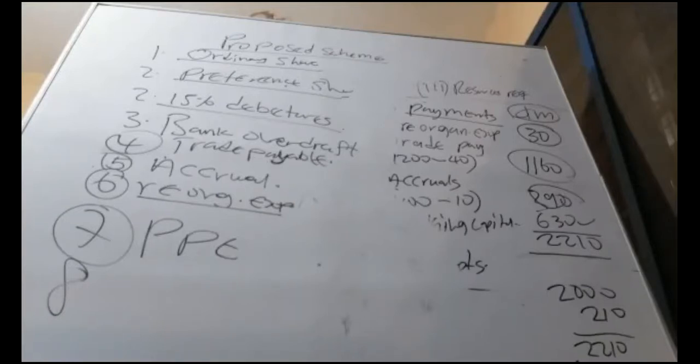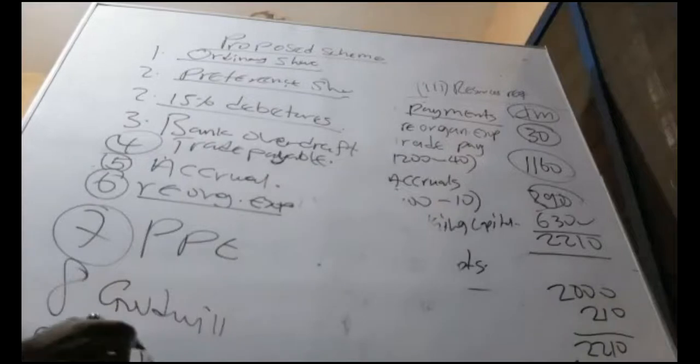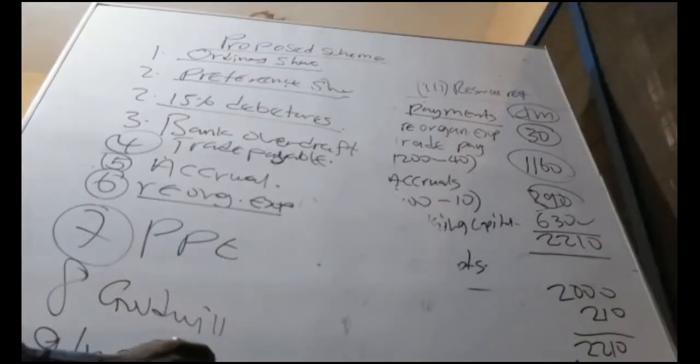I want to just write 10, then I'm done. Yes, the income surplus will be written off. Nine, income surplus. Yes, goodwill. The income surplus will be written off.